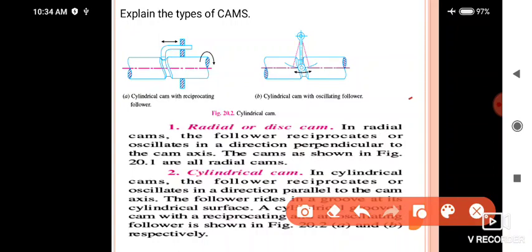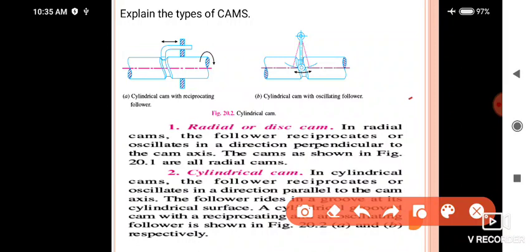The first type is the radial or disc cam, shown in figure A. In the radial cam, the follower reciprocates or oscillates in the direction perpendicular to the axis of the cam. So this is all about the radial or disc cam, clearly shown in figure A.